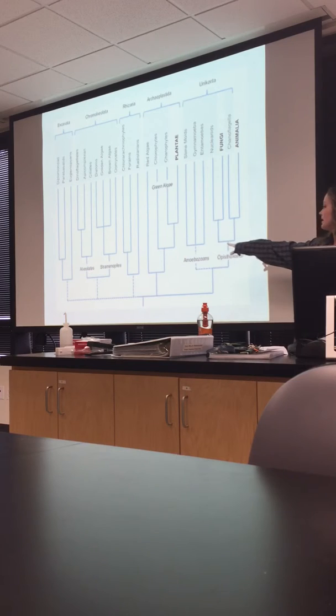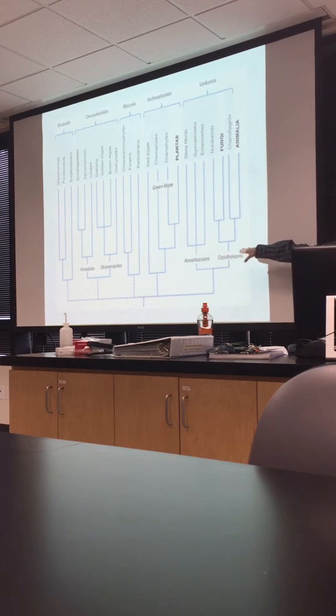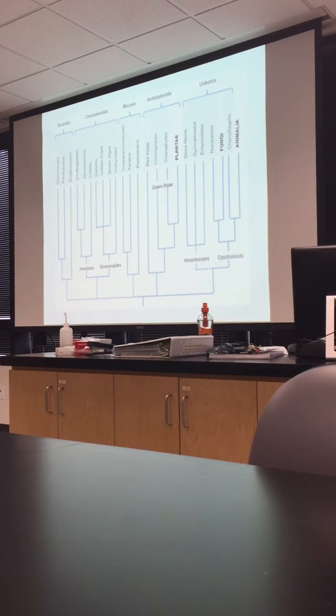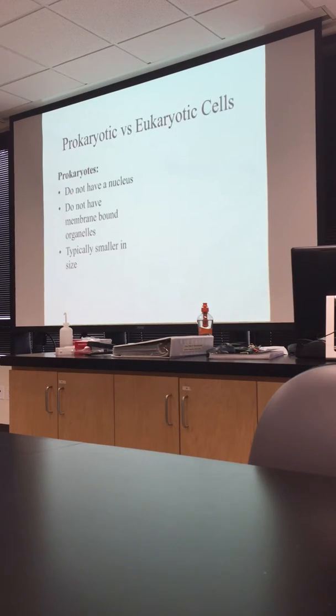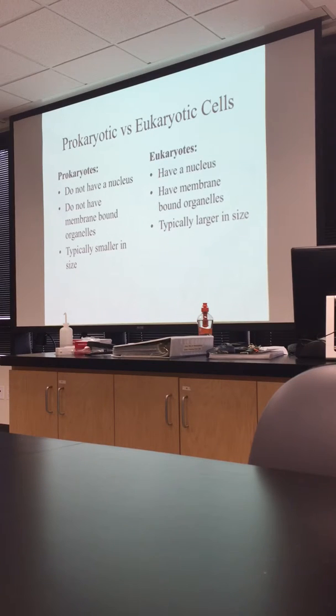Alveolates, stramenopiles. You need to know, not particularly on this, but you need to know what goes under each clade. Prokaryotic versus eukaryotic cells. You should know this. However you need to memorize it, go for it.